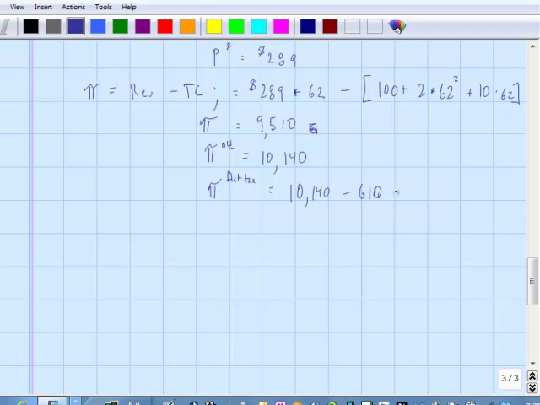So our profit under the flat tax is 9,530. So which regime do you prefer? Flat tax leaves you a little bit ahead.